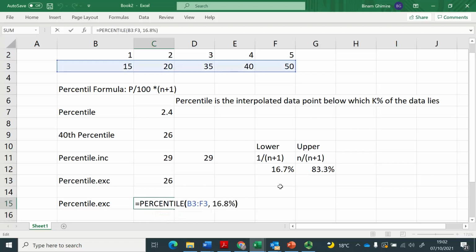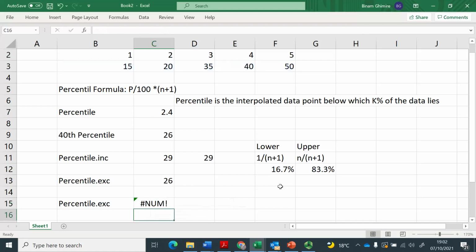But as soon as this number is below 16.7, let's say 16.5, then you won't get that. If it is below the lower bound, such as 15, you're getting this, but, oh, sorry, I haven't put the function EXC here, okay? Sorry about that. So I was saying if you put 17, it works, but if you put 16, then it doesn't work, okay?